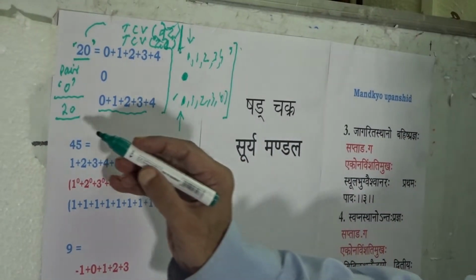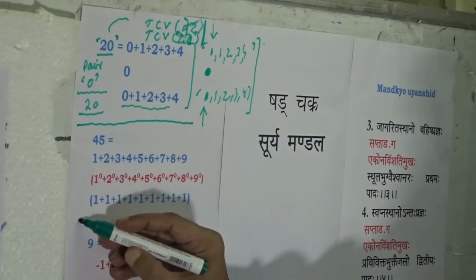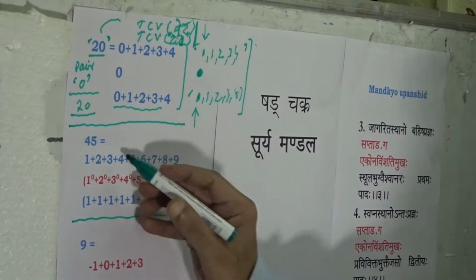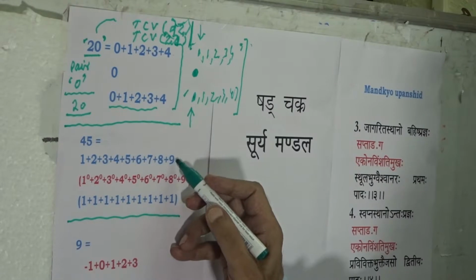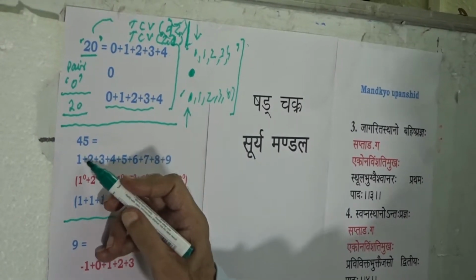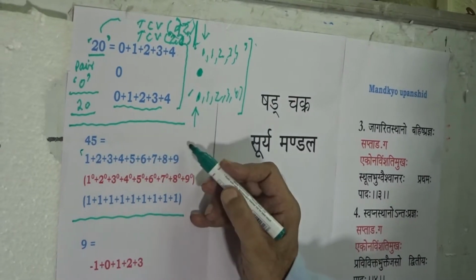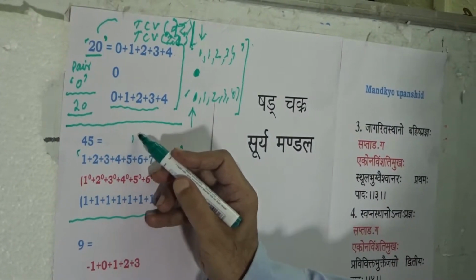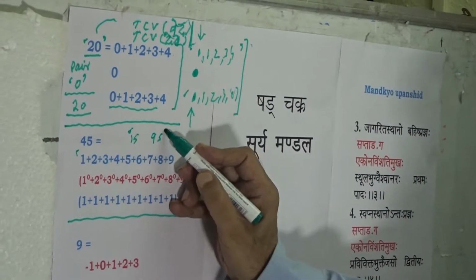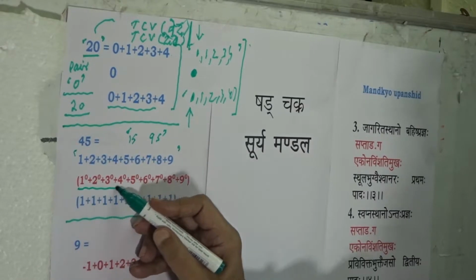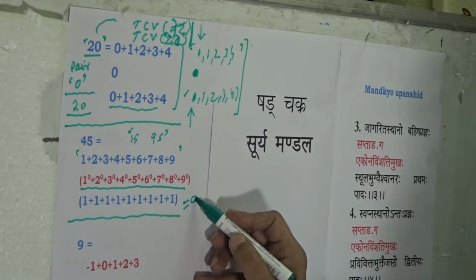Now let us see that value 45 is the value which accepts an organization 1 plus 2 plus 3 plus 4, 5, 6, 7, 8 and 9. Now these 9 values, this array of 9 values 1 to 9 at 0 order, are leading us to a value which becomes 9.